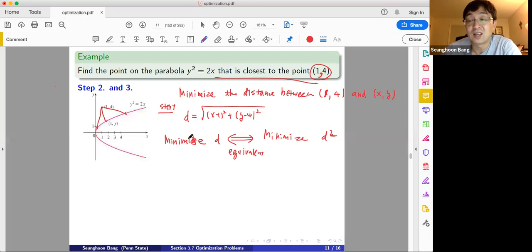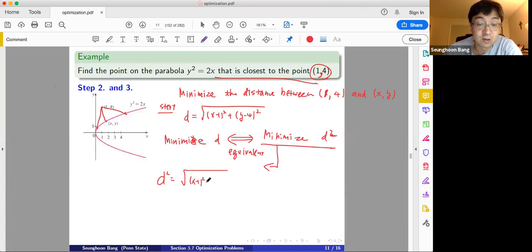The distance is different, but the point doesn't change. So minimize D squared. D squared is the square of the square root of (x minus 1) squared plus (y minus 4) squared, so we have (x minus 1) squared plus (y minus 4) squared.